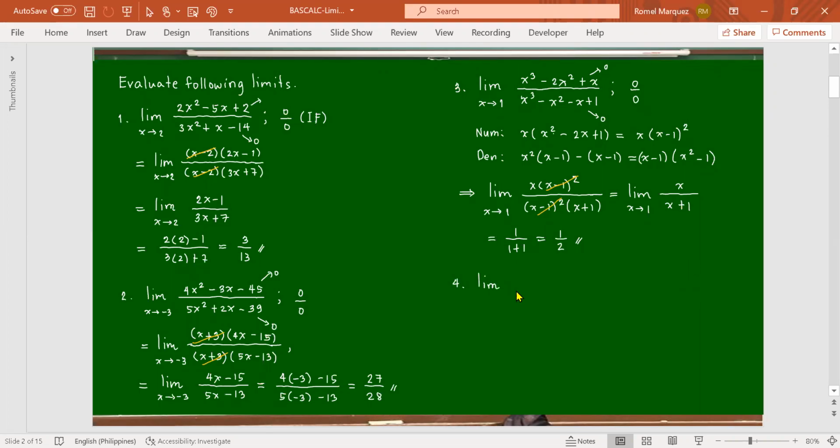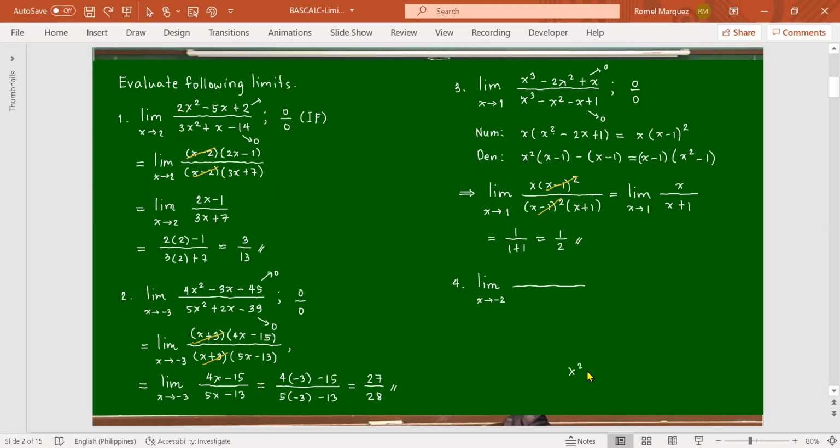Okay, limit as x approaches, let's say, -2. So I have, let's say, x minus 2 quantity squared.